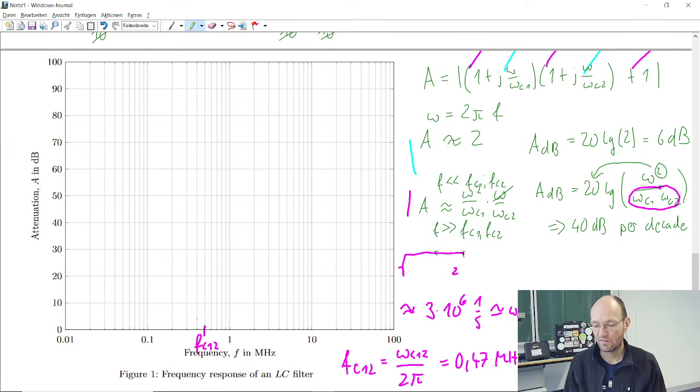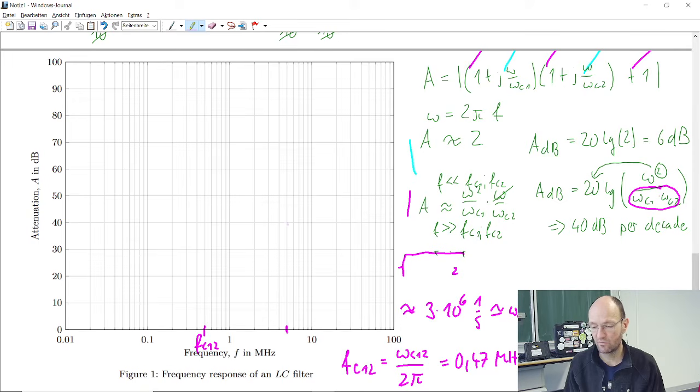And so above this, we know that it's increasing with 40 dB per decade, starting from this value of 0. So after another frequency decade, here would be 2, 3, 4, 5. So here's one frequency decade.